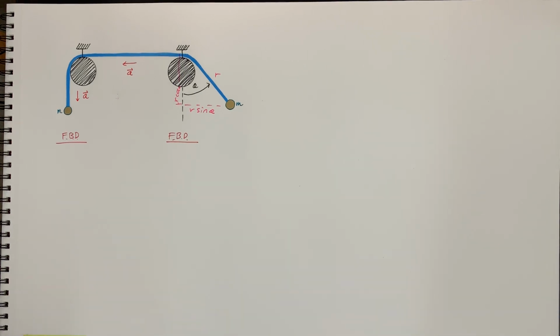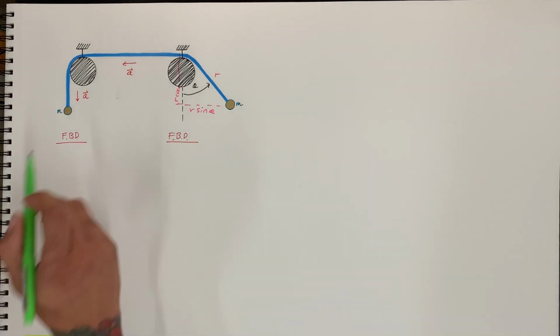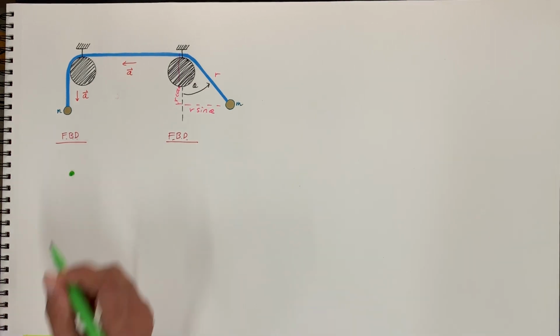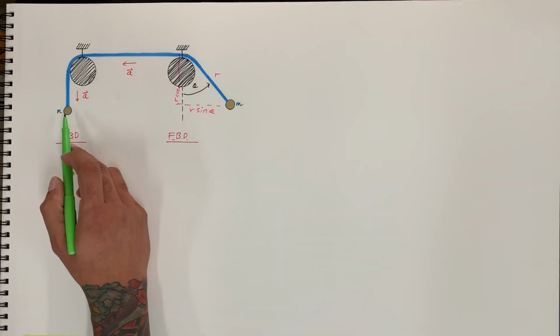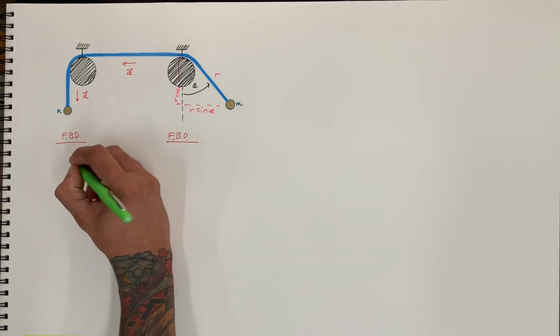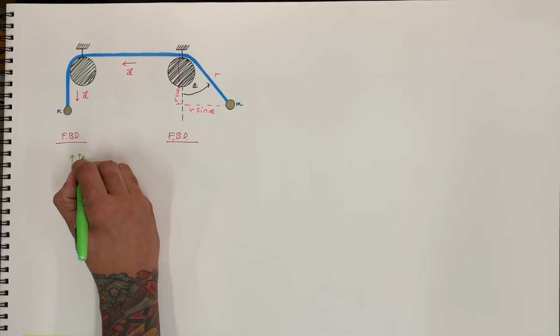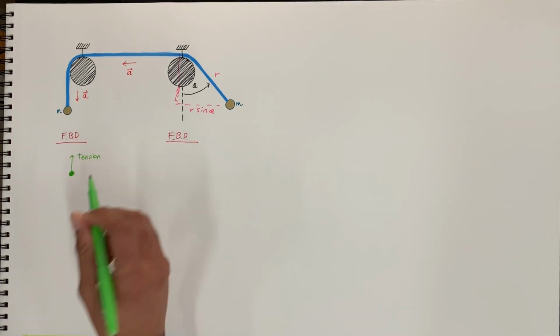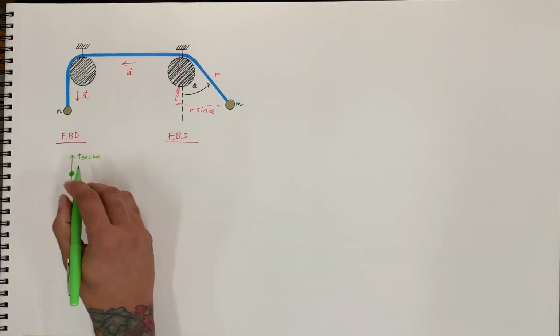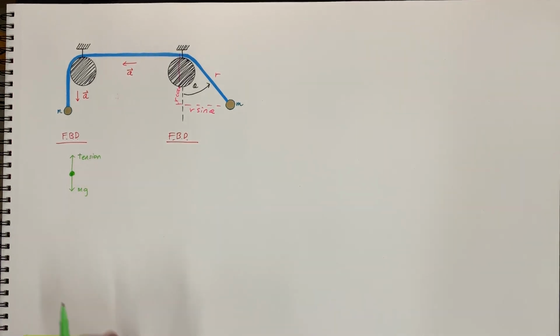Okay, so first we have this mass here, represented by this dot, and it is experiencing tension from the rope, that doesn't allow it to separate from the rope. So it's feeling tension up and always mg going down, mass times the gravity.